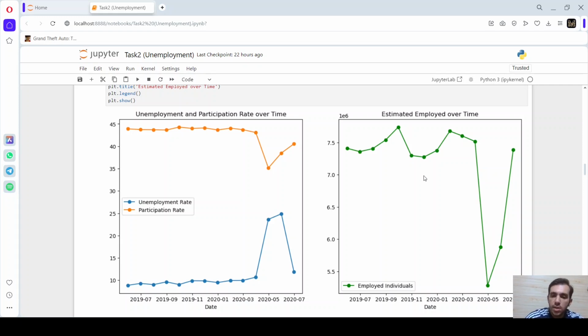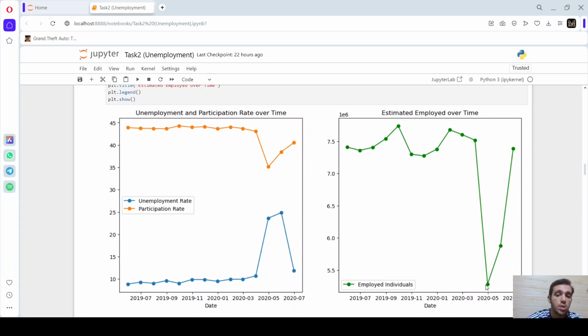And also we can see this big dip in the number of employed people during the lockdown. It went down from 7.5 to 5.3 in the lockdown. And this shows us how the lockdown affected all the different metrics related to the unemployment rate during the coronavirus period.